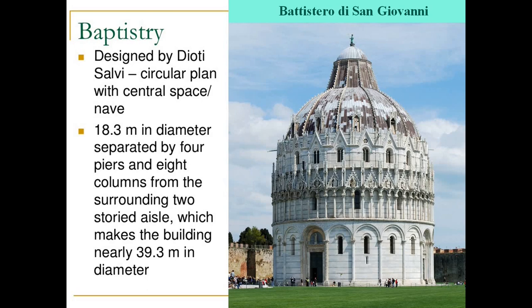It is known that the diameter is 18.3 meters. It is separated by 4 piers and 8 columns from the surrounding two-storied aisle, which makes the building nearly 39.3 meters in diameter. All the facades are decorated with different sorts of arcades.